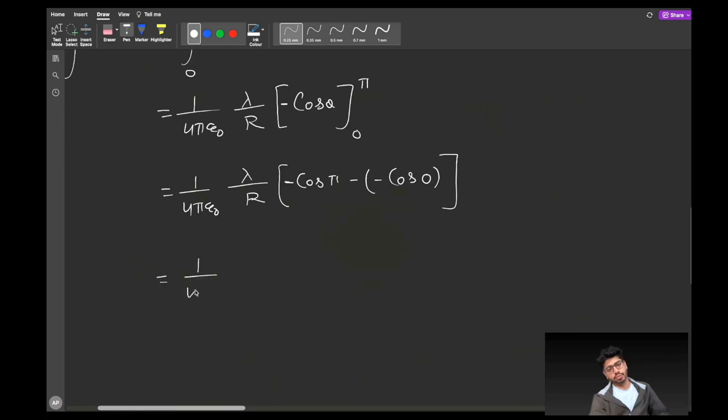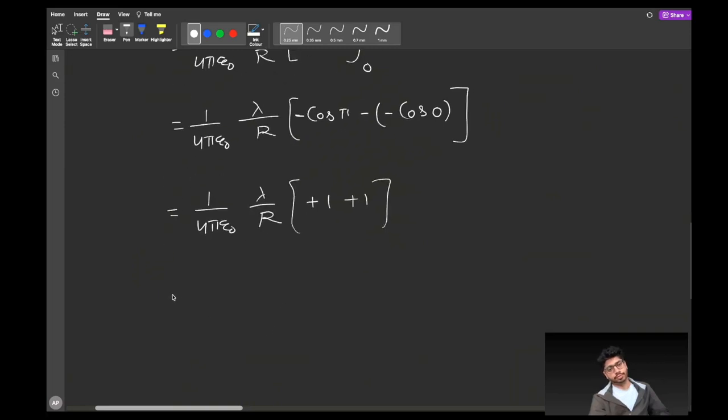So that is 1 by 4 pi epsilon naught. Cos pi is minus 1, so it will become plus 1. Minus minus becomes plus. Cos 0 is 1. So it is double of that. So it simply comes out to be 1 by 4 pi epsilon naught, 2 lambda by r. This is the x component.